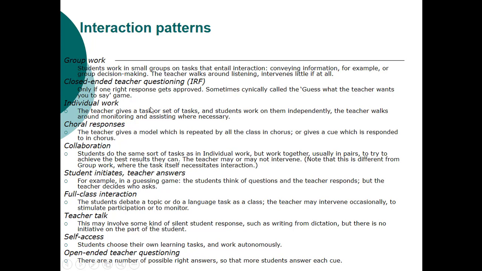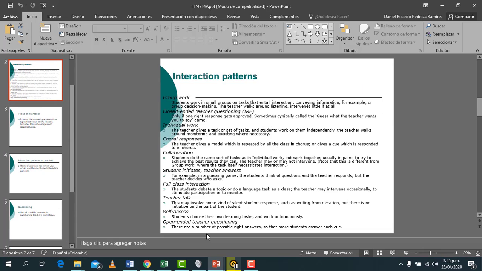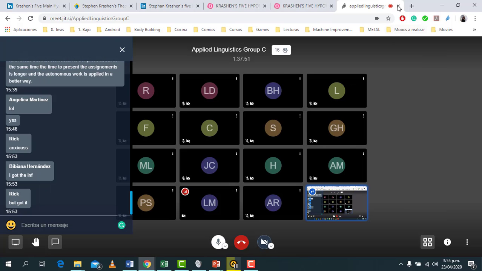Diction. Yes. Teacher talk. Here. This may involve some kind of silent student response, such as writing from dictation, but there is no initiative on the part of the student. Well, diction right here is just the way in which you choose the words, right?